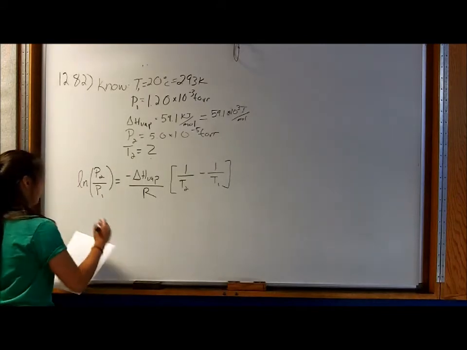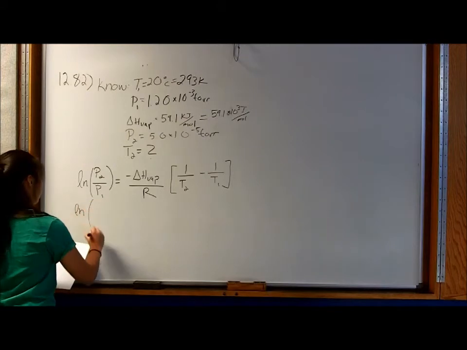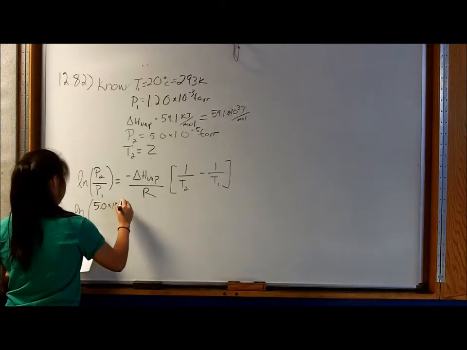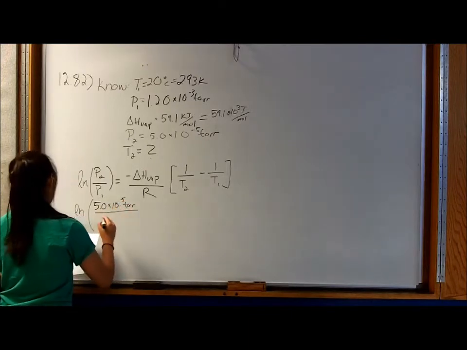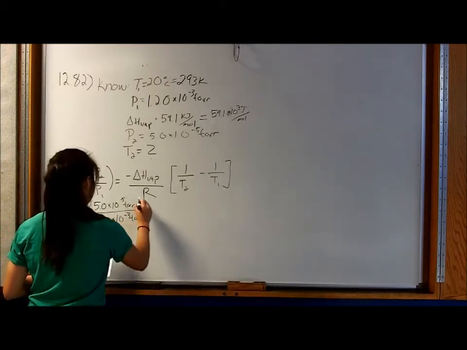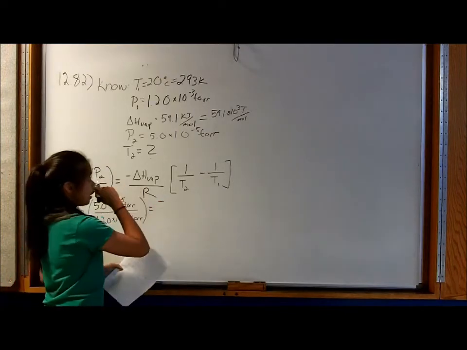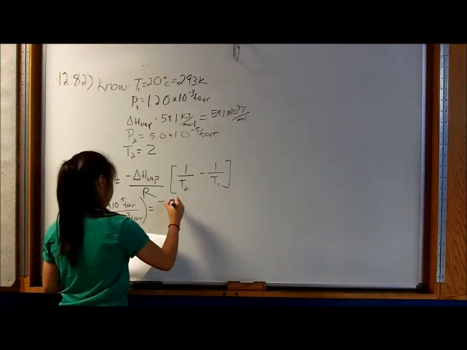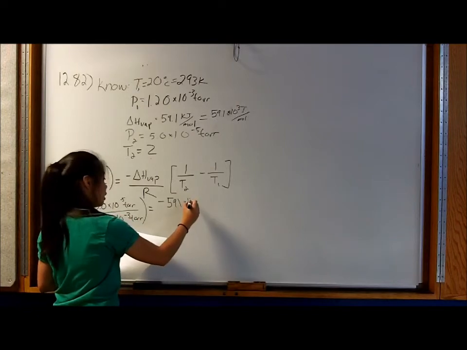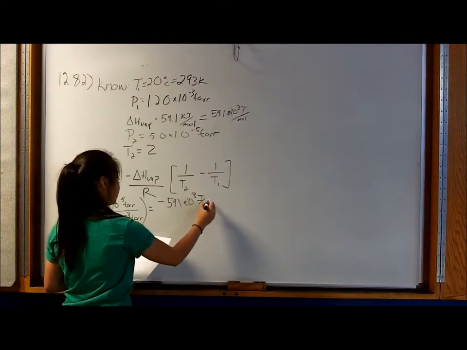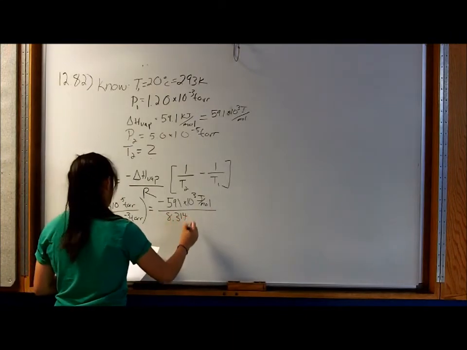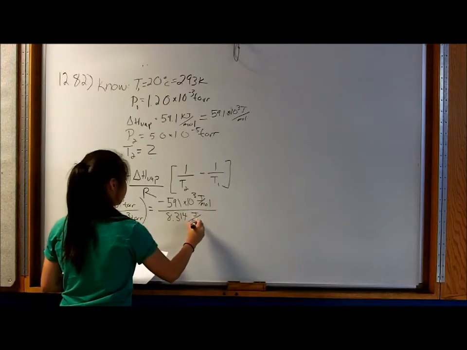So now we're just going to plug in values. So it's going to be the ln of your P2 value, which is 5.0 multiplied by 10 to the negative fifth torr, divided by 1.20 multiplied by 10 to the negative third torr, equals the negative H vaporization value, which is 59.1 multiplied by 10 to the third joules per mole, divided by the R value, that is 8.314 joules per Kelvin mole.